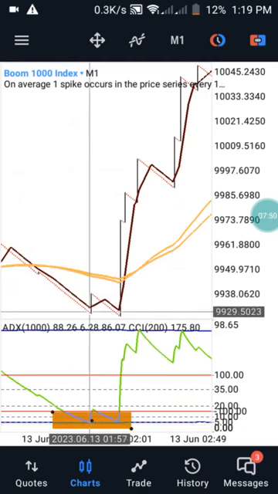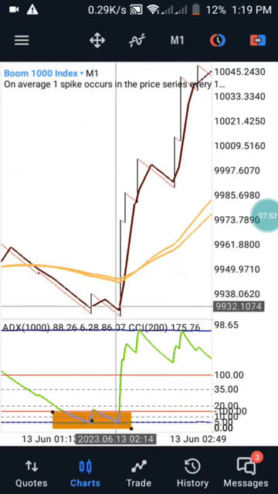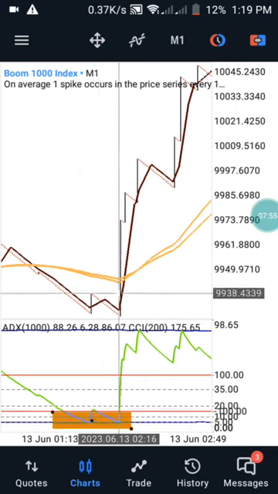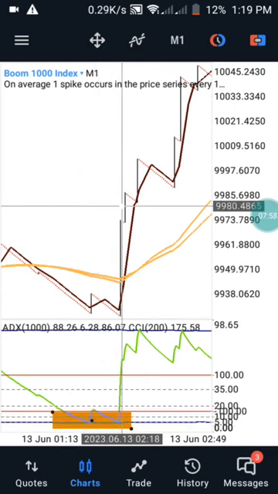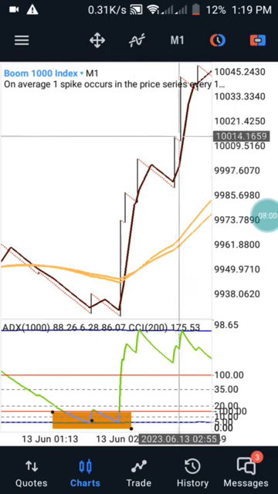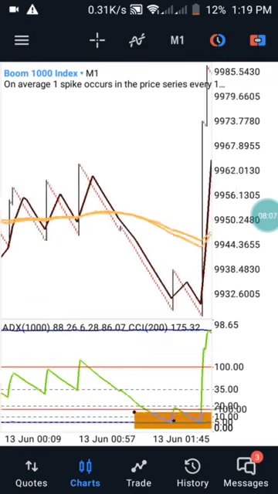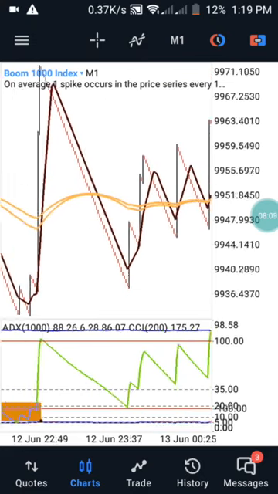It brings out a baby spike, and it gives us another entry again for another confirmation, which gives us a bigger spike. And before you see that, it keeps on giving us a spike entry to cash more in the market.